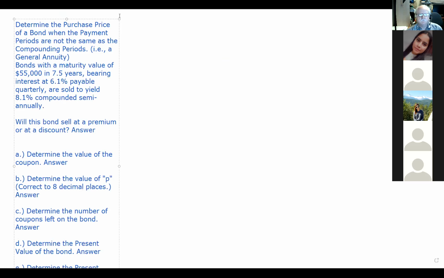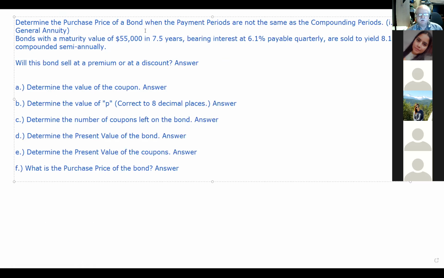They give us one more problem to solve here. So determine the price of a bond when payment periods are not the same as compounding periods, i.e. a general annuity.